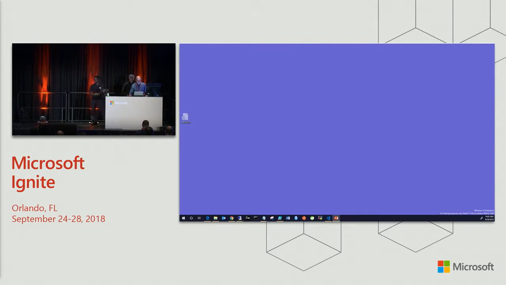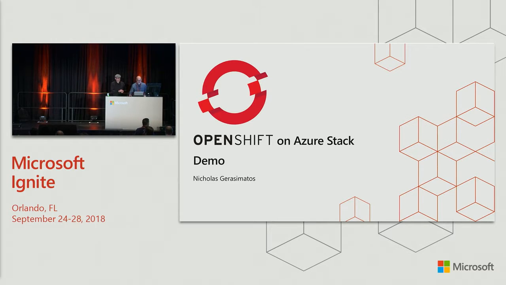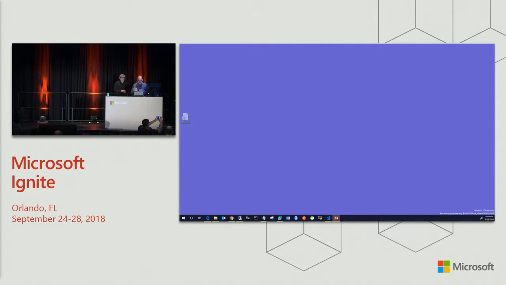Now we're going to move to our next demo. Let me do a quick introduction. Next, we're going to have Nicolas Matos giving us an OpenShift demo. That way, we're going to truly see what this looks like, having OpenShift running on Azure Stack.